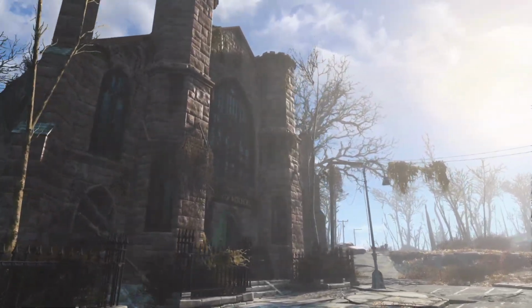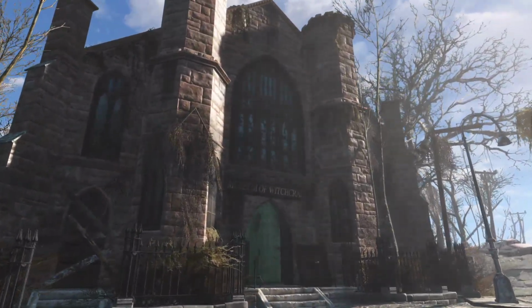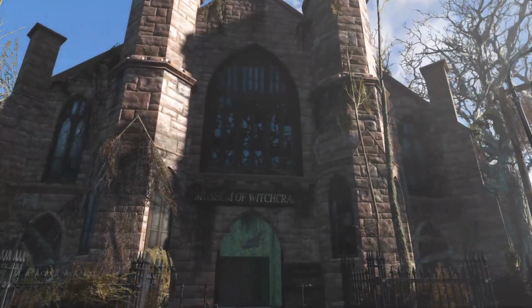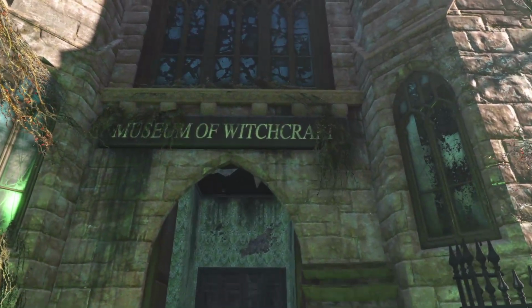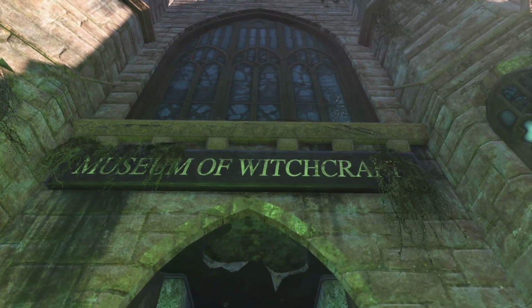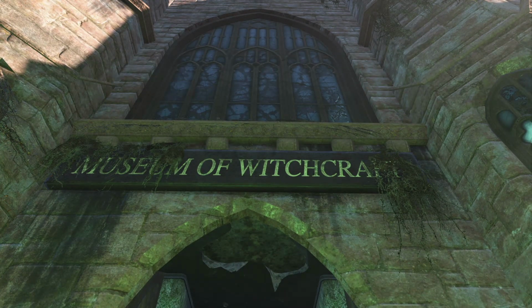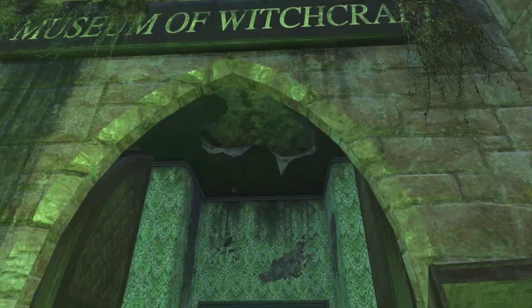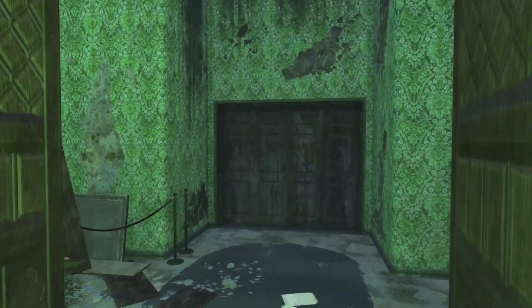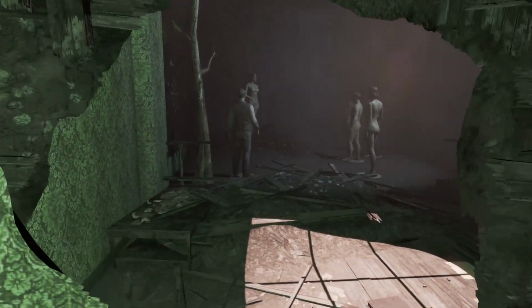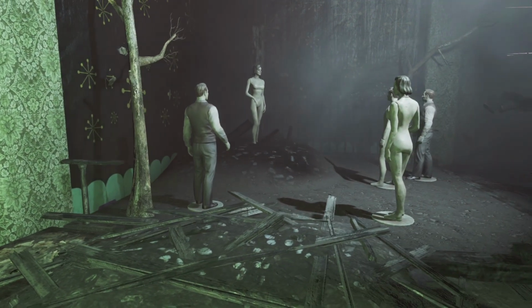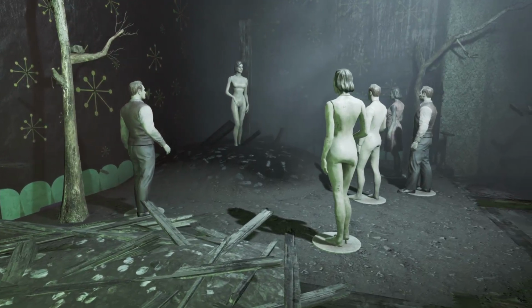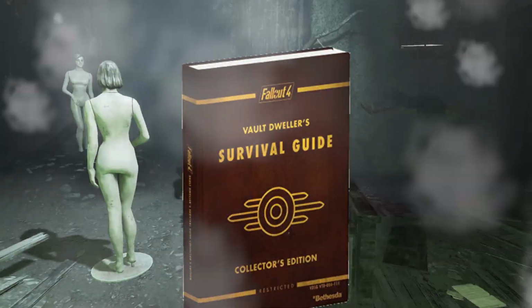A bunch of women were convicted of witchcraft in a time where, well, you couldn't exactly prove something like that scientifically. Now, you do have some references to witches in the museum and the game and all of that. But the specific reference to the actual Salem witch trials only shows up in an external guide to Fallout 4 called the Fallout 4 Vault Dweller's Survival Guide.